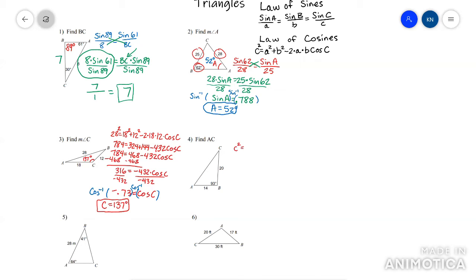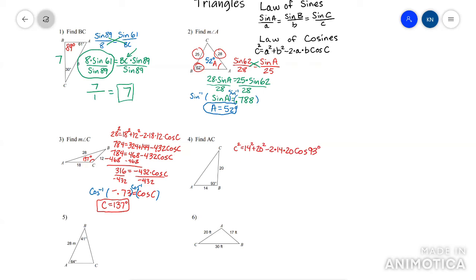C squared equals the side lengths squared added together minus 2 times the side lengths times cosine of angle C, which was 93 degrees. Like that. Now you could just type this whole thing straight into the calculator and get your answer. Let's do that. So 14 squared plus 20 squared minus 2 times 14 times 20 cosine 93 degrees.